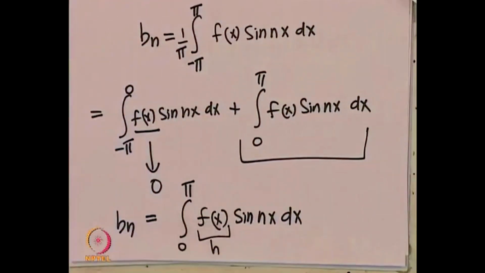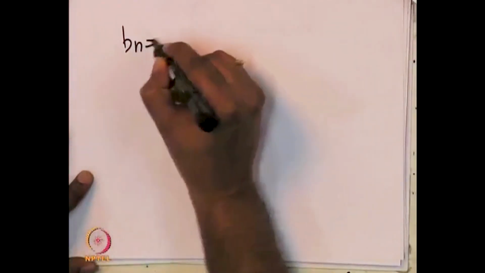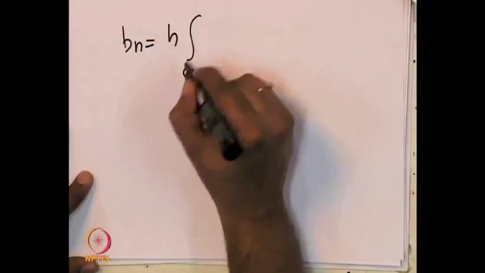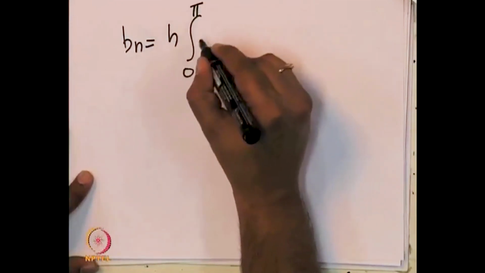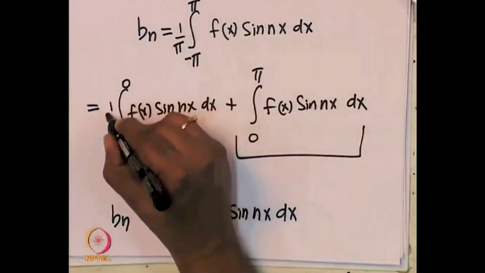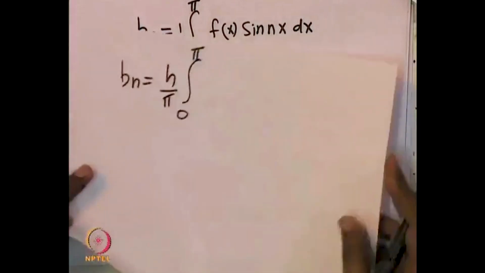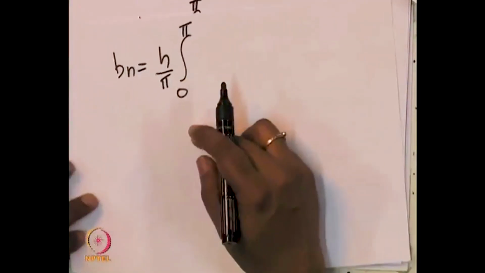I can take this h outside. There is a 1 over pi throughout, which comes here and becomes h over pi.